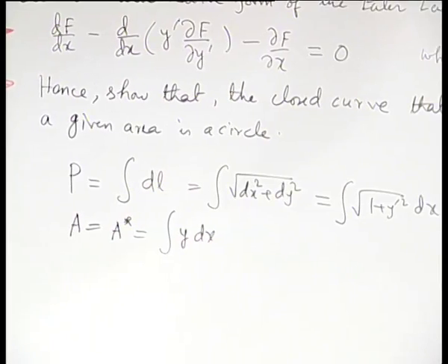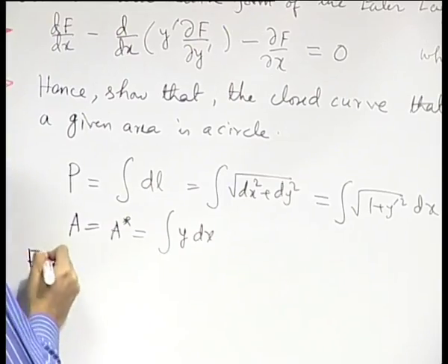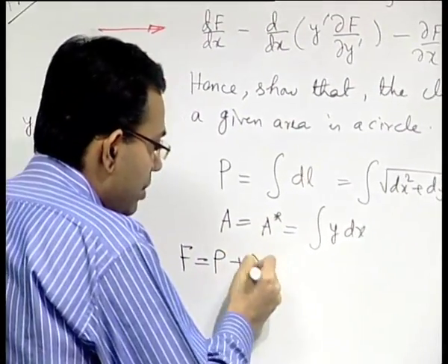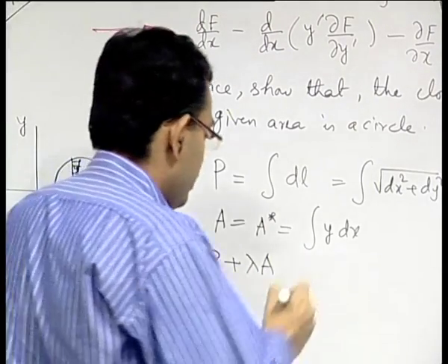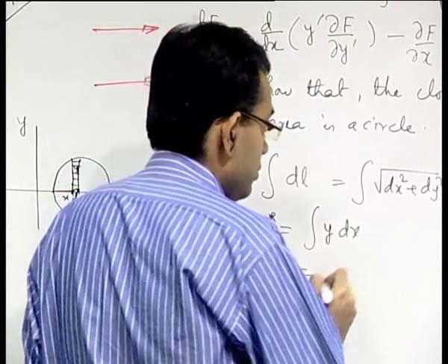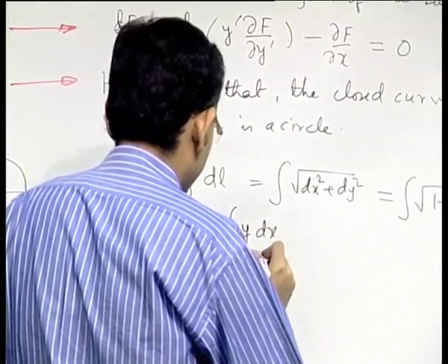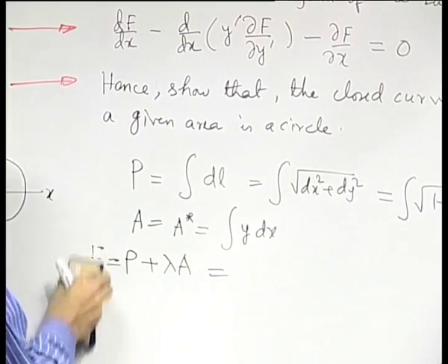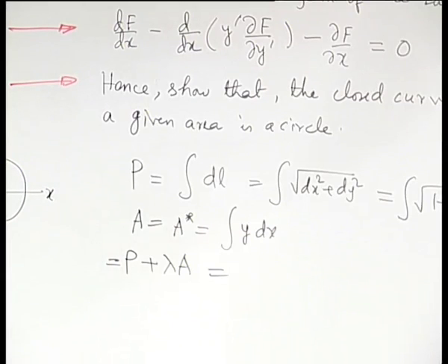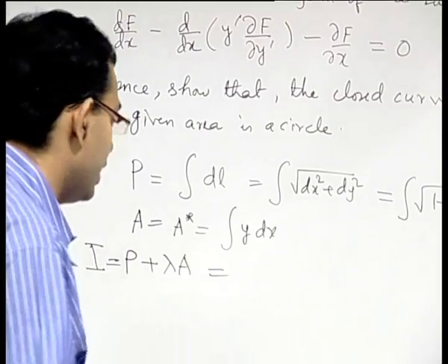So, to do that we can use the Lagrange multiplier technique, that is we introduce a function f which is p plus lambda a, where lambda is the Lagrange multiplier. Or we can call it I, because we want to extremize the integral I, that is the notation that we had used by this time.